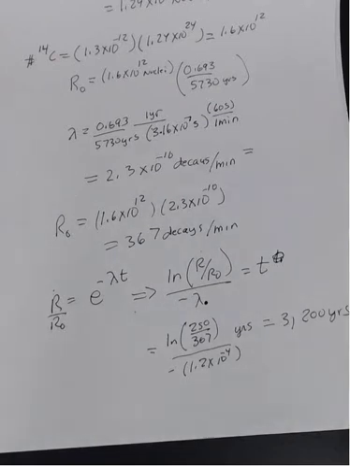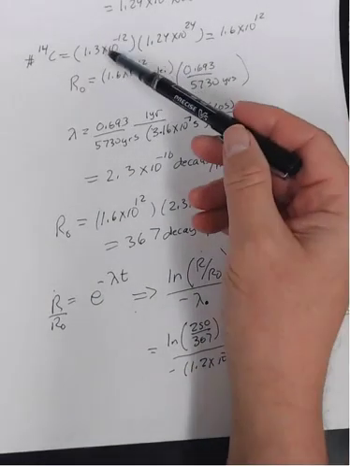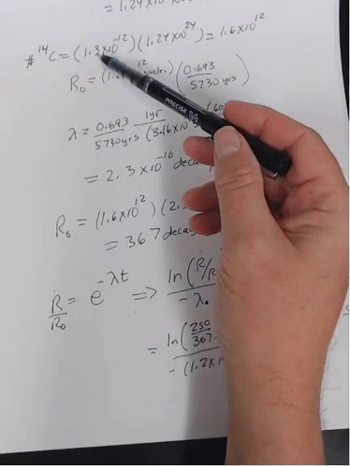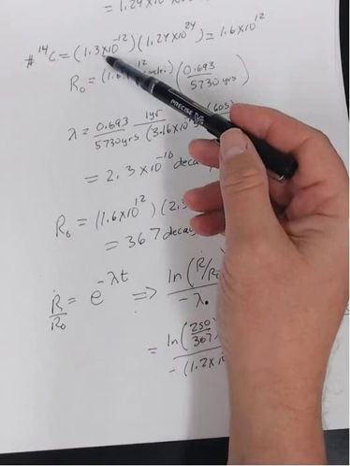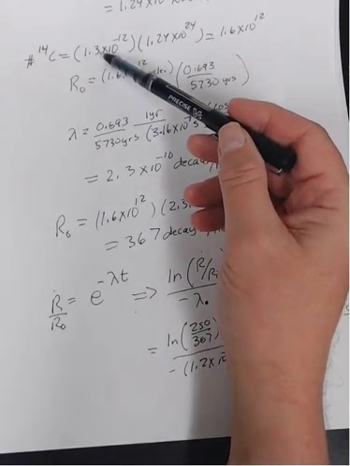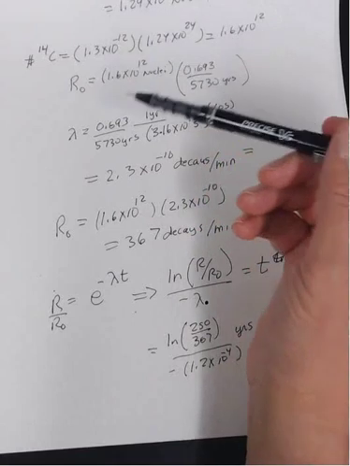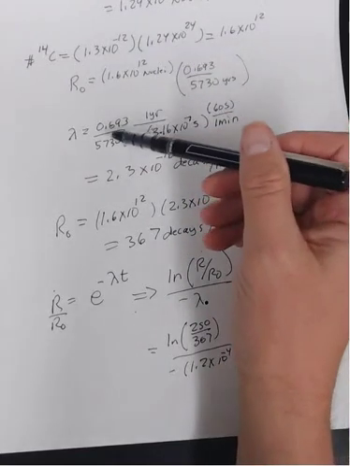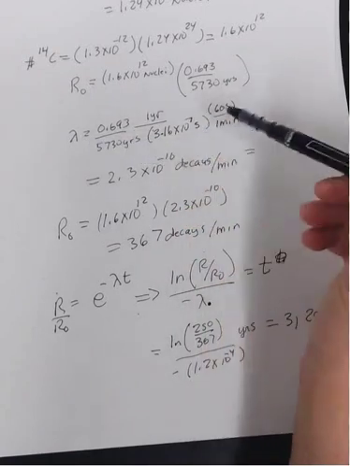So that's how carbon dating works. Again, when something dies, you know what the initial ratio of carbon-14 to carbon is, the 1.3 times 10 to the negative 12. If you know what the rate is now, or the number of molecules you have now, carbon-14 molecules, if you know the half-life of carbon-14, which we do, you can get the decay constant.